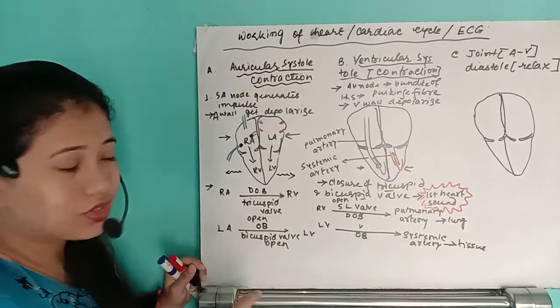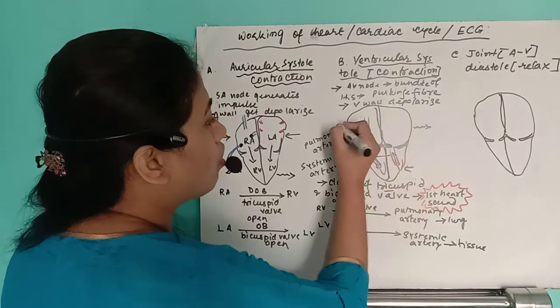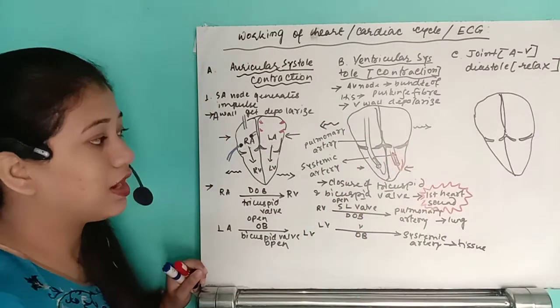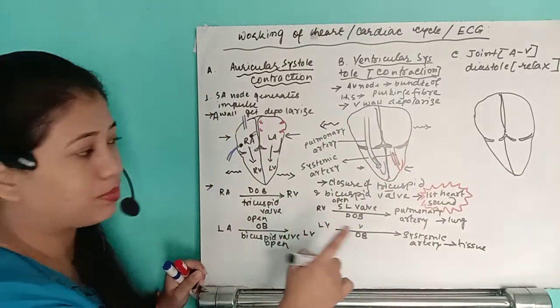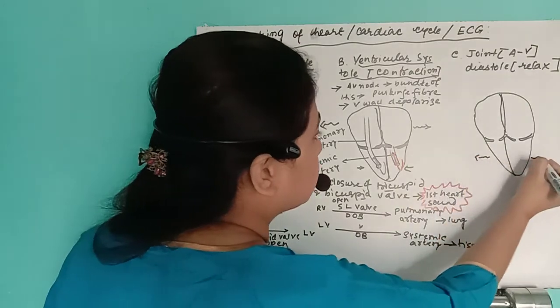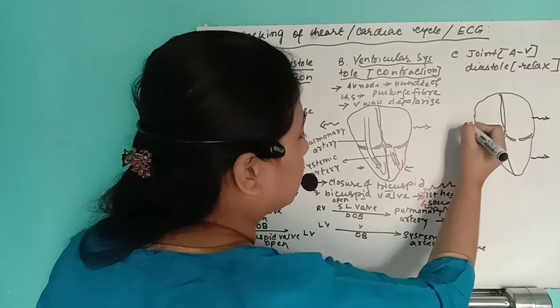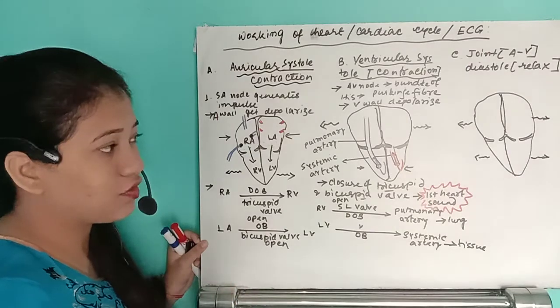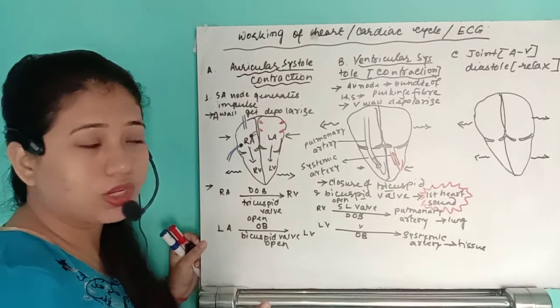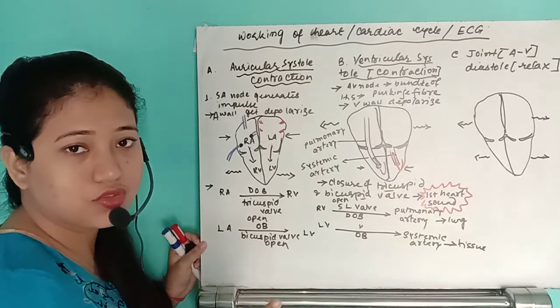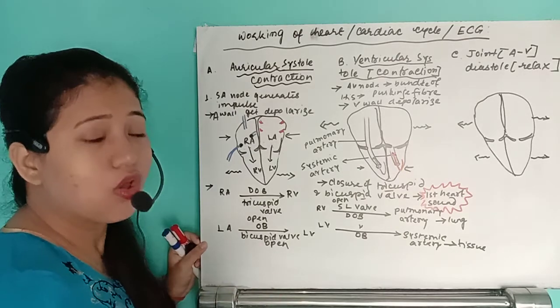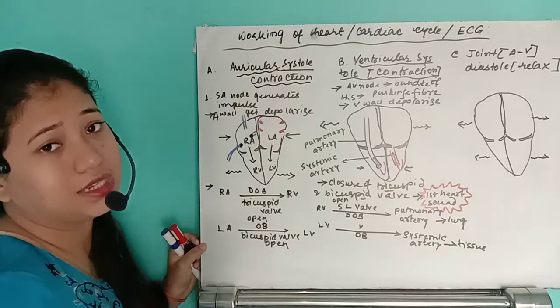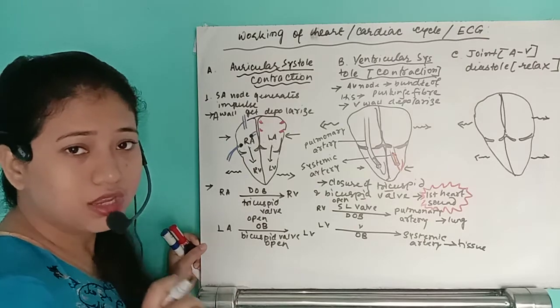Whenever the ventricles are contracting, the auricles are relaxing, and whenever these two phases are completed, both the auricles and the ventricles will relax. Whenever both the two auricles and the ventricles relax, this will be known as joint diastole or joint relaxation, or we can also call it the auriculoventricular relaxation.